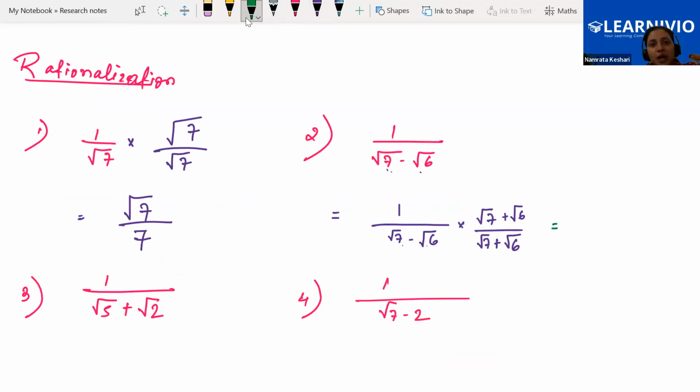While doing that, if we have a square root term in the numerator, that is completely okay. So the numerator will be root 7 plus root 6, and then like a minus b into a plus b. Does it look like that? Is it so? Yes.